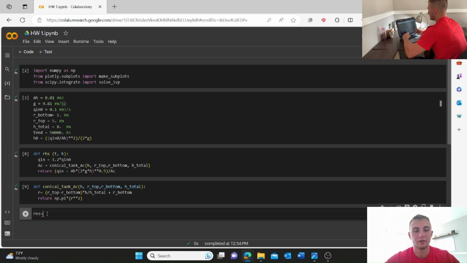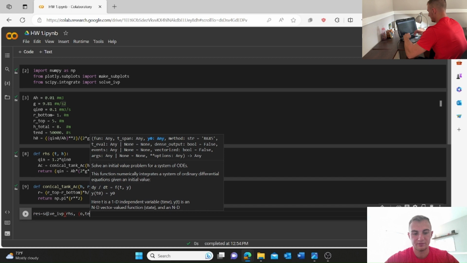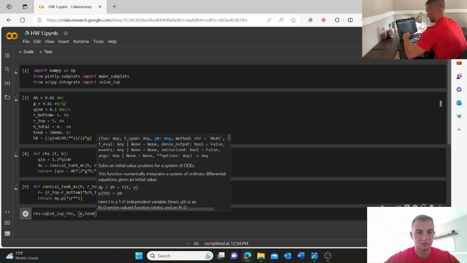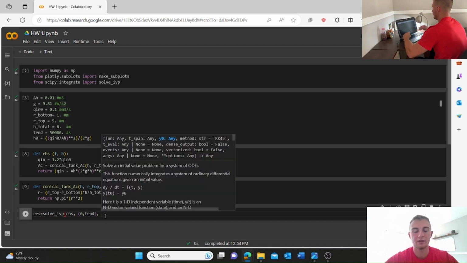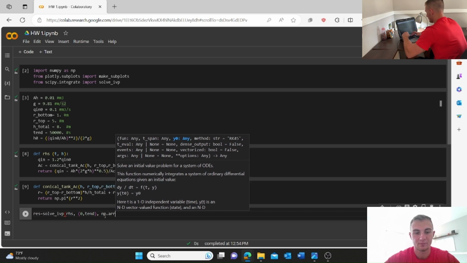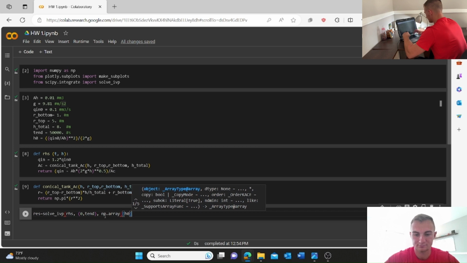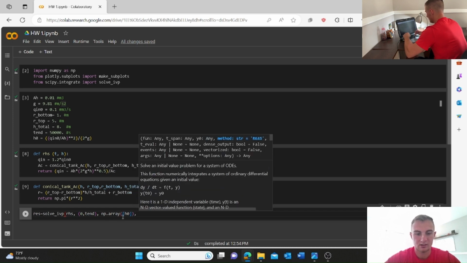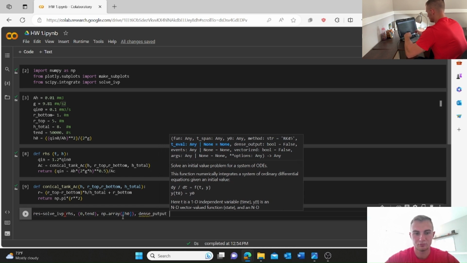This is equal to solve IVP. We're going to have the right hand side, our time span, which is 0 to t end. And then we are going to have our initial values, and I'm going to supply them as a one-dimensional array. Our initial height, so h naught, and then dense output is equal to true.